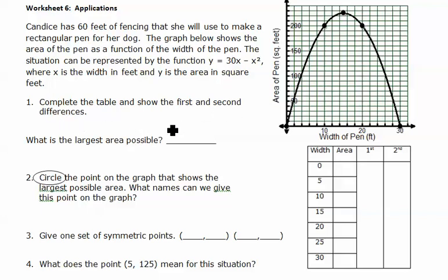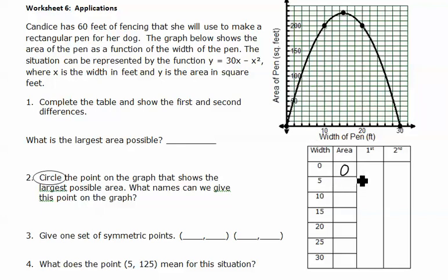Okay, so we could complete this table just from looking here. So 0, 0, 5, and we can go up here and see where that is. I actually went ahead and typed this into Y1 in my calculator and looked at the table just to make it a little bit simpler.